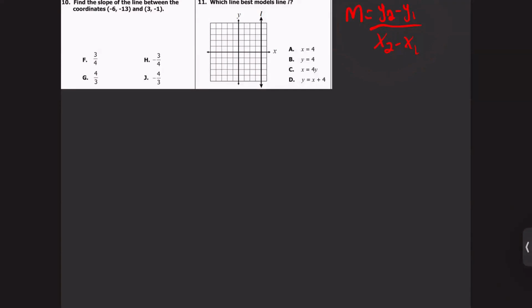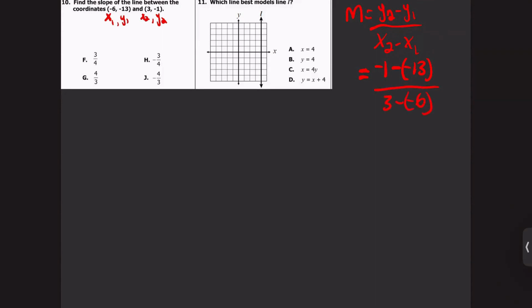So find the slope of the line between the coordinates -6, -13, and 3, -1. Well, let's call this x1, y1, and let's call this x2, y2. All we have to do now is substitute in these values. Well, y2 we said is -1 minus -13 over 3 minus -6.